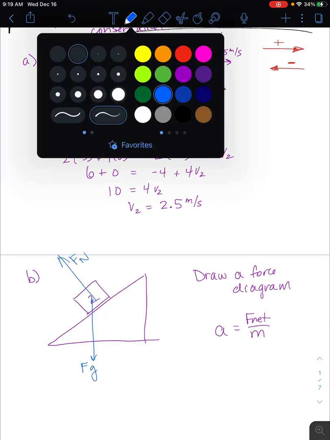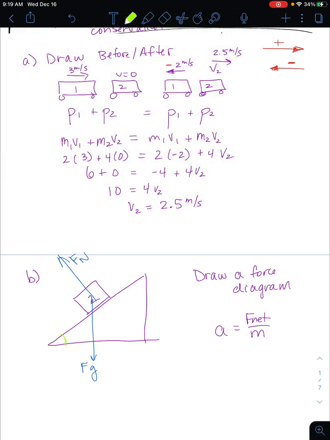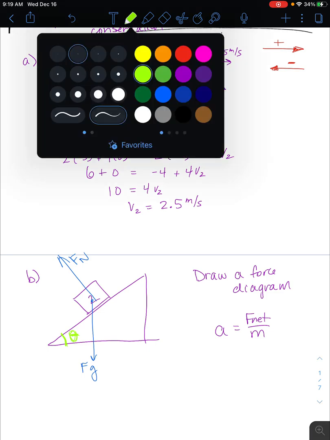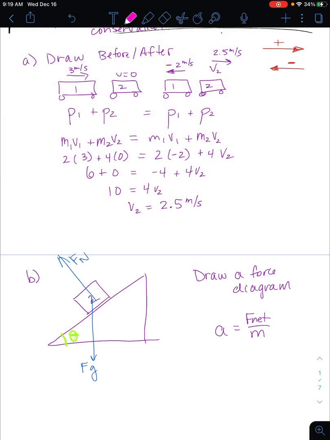Now, of course, they've given us this angle right here, the angle of the ramp, and we need to decide, okay, which way do I need to break up my forces? I see here that I can break up either my normal force or my force of gravity, but this cart is moving up the ramp and it's actually slowing down, which means it's accelerating down the ramp.